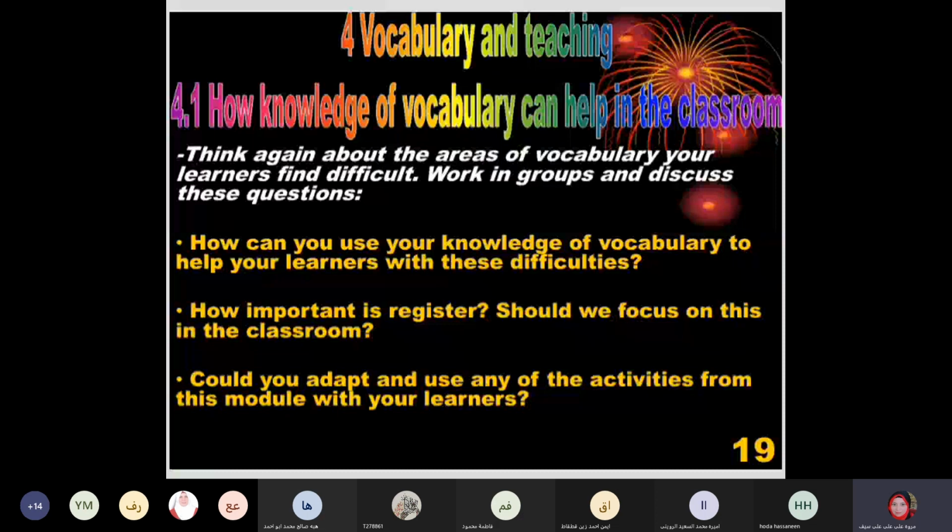Maybe I'm dealing with my boss, so I have to use formal language. Maybe I'm speaking with a member of my family or my intimate friend, so I can be informal, no problem. I can be casual. I can use informal words. I can tell them that this word is informal.